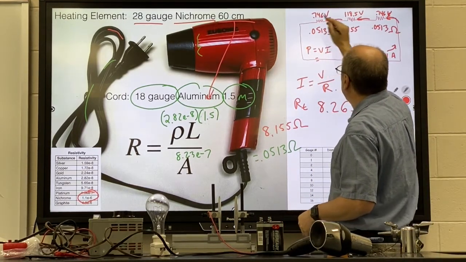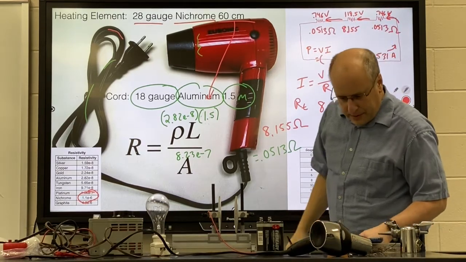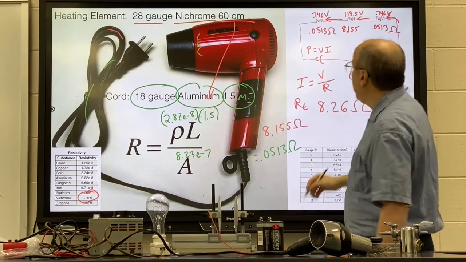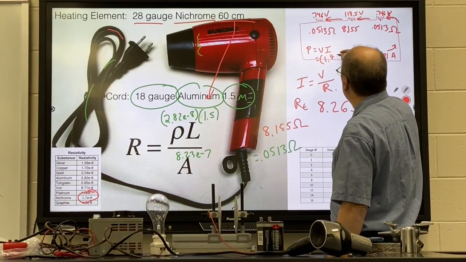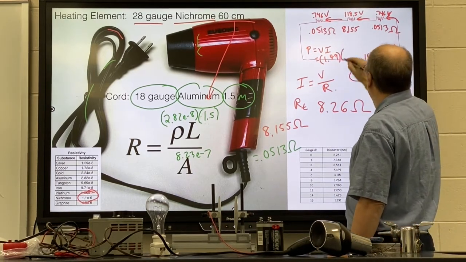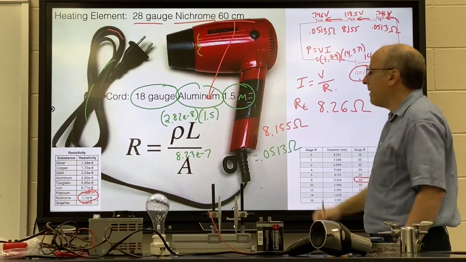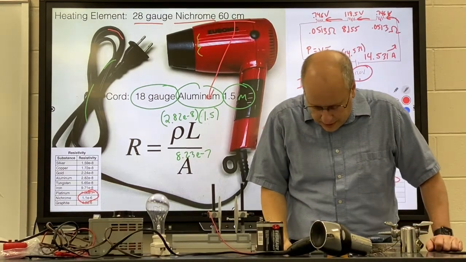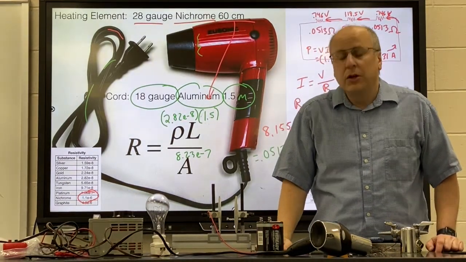For the voltage, we're going to add the two voltages together of the cord. That is like 1.49-ish, something like that, times our current, which is 14.531. And we get a power lost inside the cord of almost 22 watts.